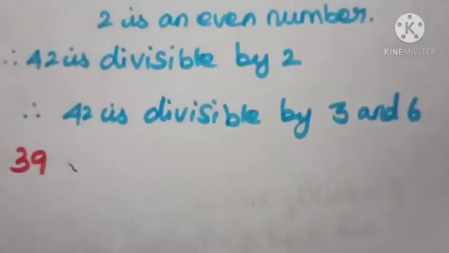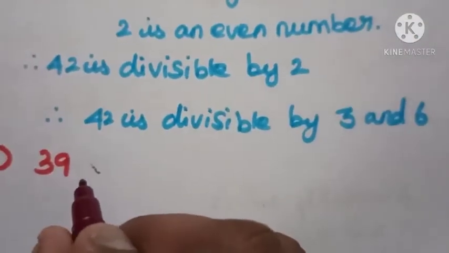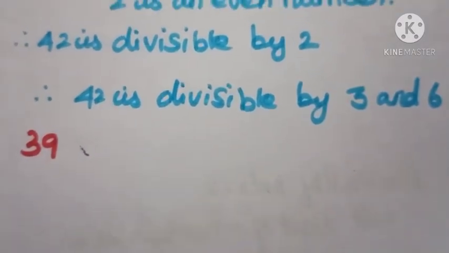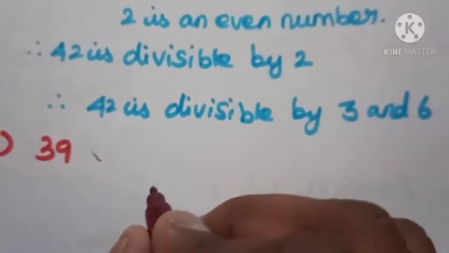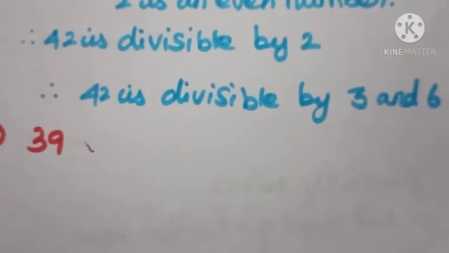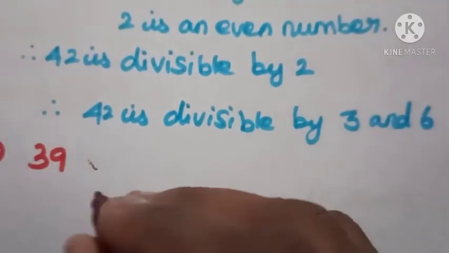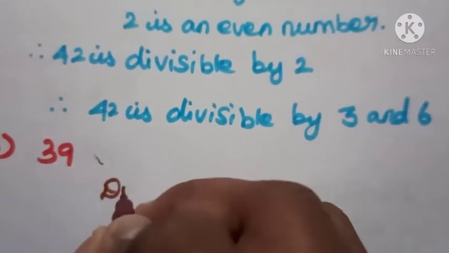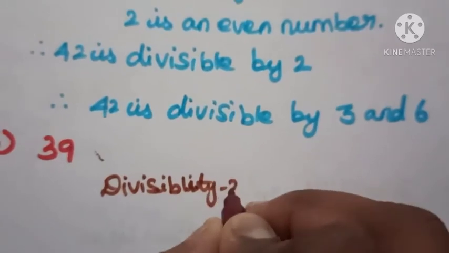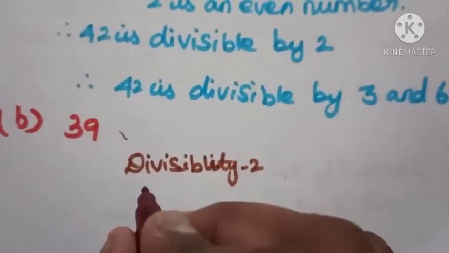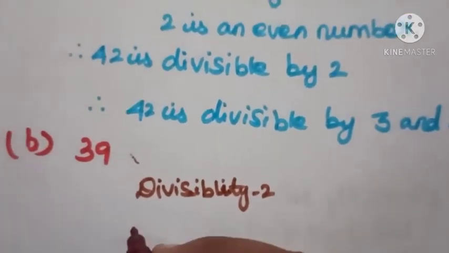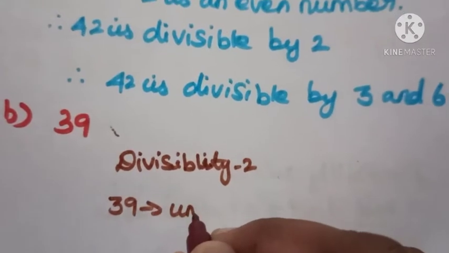Next we go with question 39. Here in 39 also we need to check whether it is divisible by both 3 and 6. So first divisibility rule 2: the unit digit of the given number should be an even number. So 39, what is the unit digit?